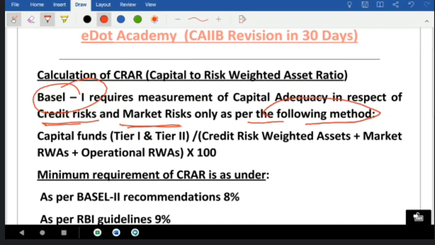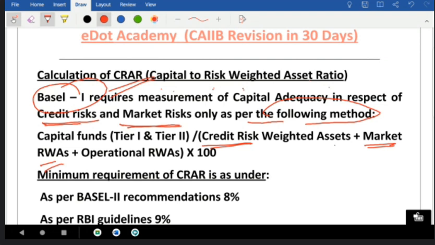How to calculate the CRAR, capital to risk weighted asset ratio. What is the formula? Capital fund, tier 1 plus tier 2, divided by credit risk weighted asset plus market risk weighted asset and operational risk weighted asset.